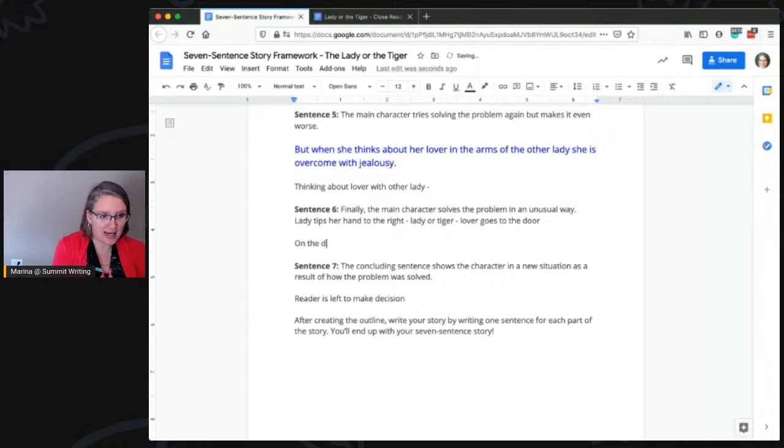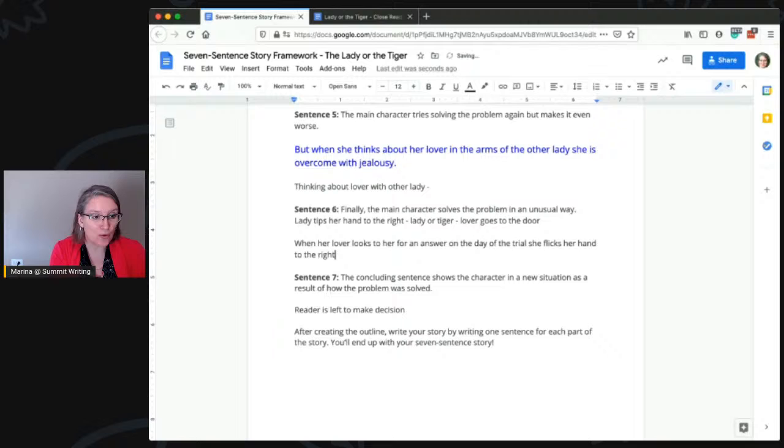On the day of the trial, let me just say here, when her lover looks to her for an answer on the day of her trial, she flicks her arm or her hand to the right.